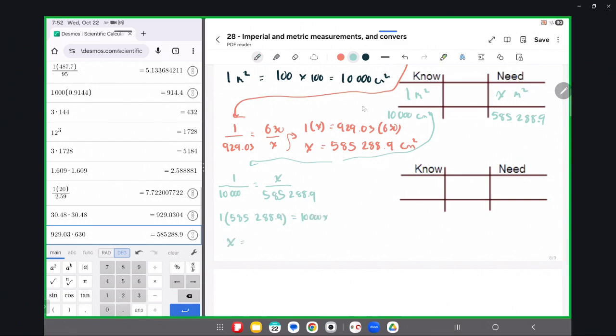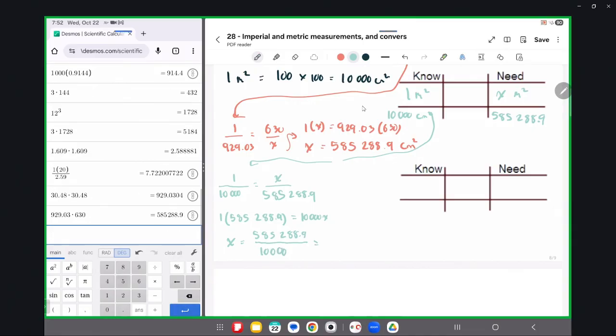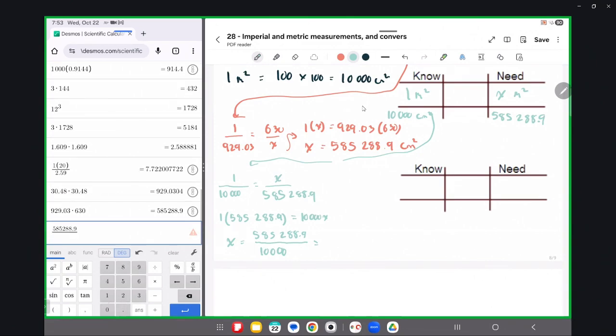So x will be equal to 585,288.9 divided by 10,000.